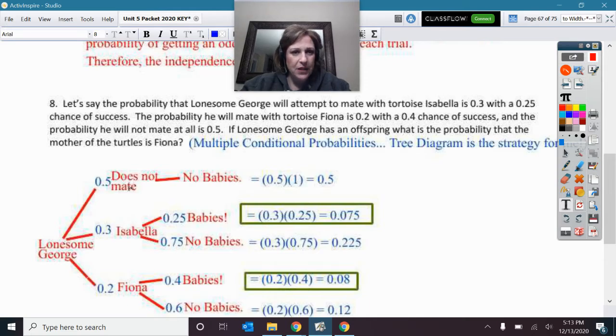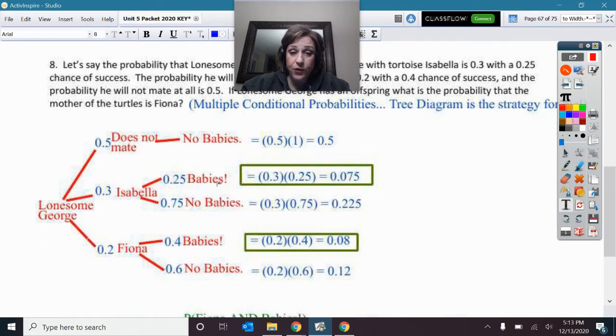So here we go. We know that 50% of the time he will not mate, but 30% of the time he'll go to Isabella, and 20% of the time Fiona. However, they have different success rates, conditional upon who he mates with. There's a 25% chance of being successful with Isabella, but only a 40% chance of being successful with Fiona.